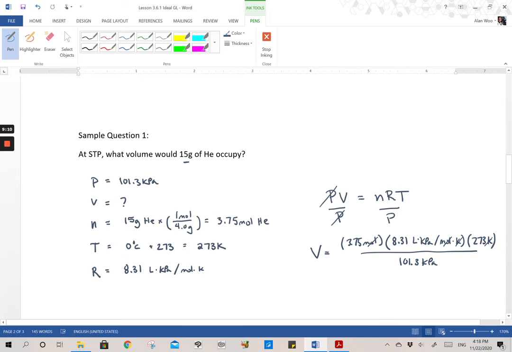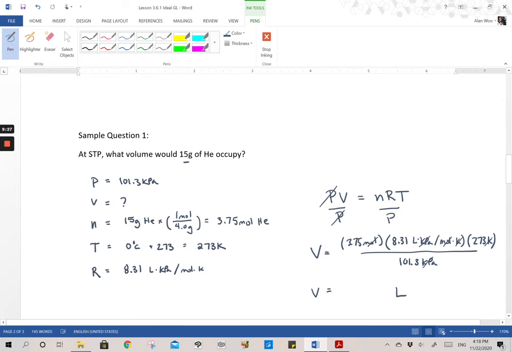And kPa cancels with this kPa because, again, top and bottom, numerator and denominator, they both cancel each other out. So you're basically left with volume in liters, because that's the only unit that isn't cancelled out.